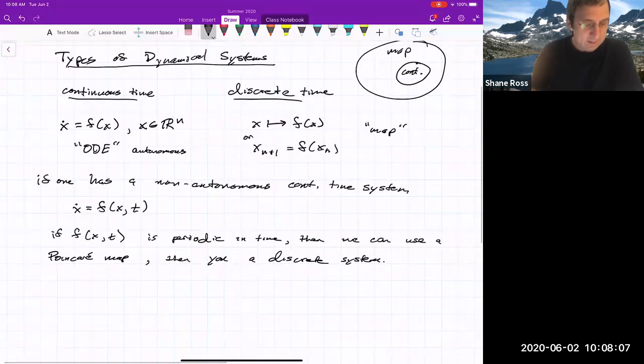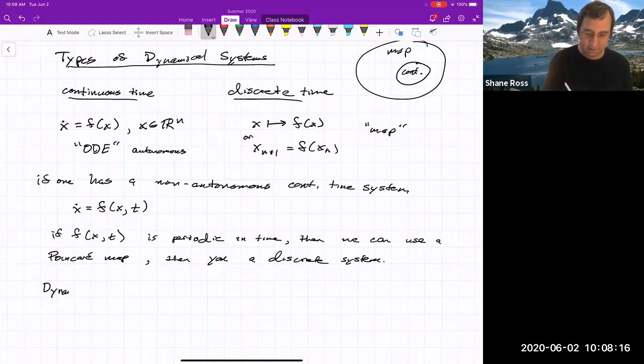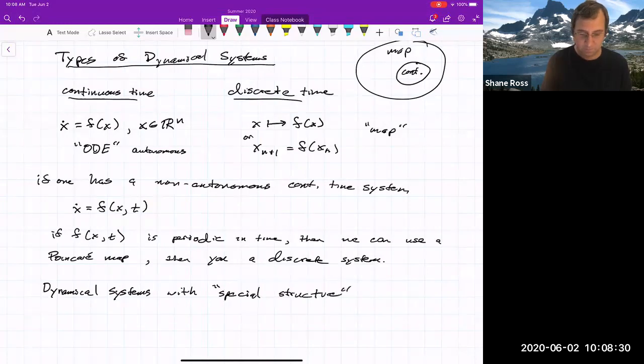There are also dynamical systems with special structure. A lot of times those come up in mechanics. I'll just put in quotes, special structure. What do we mean by special structure?